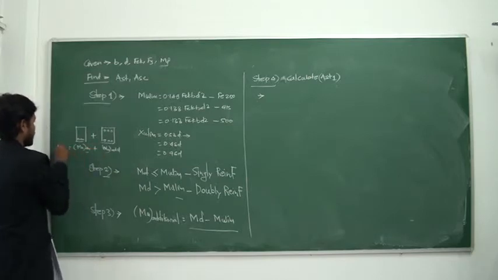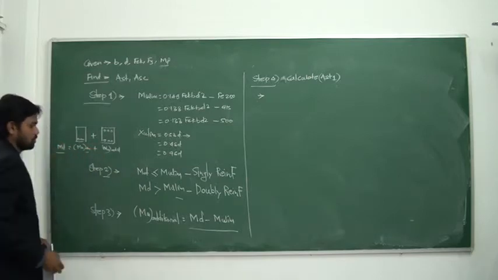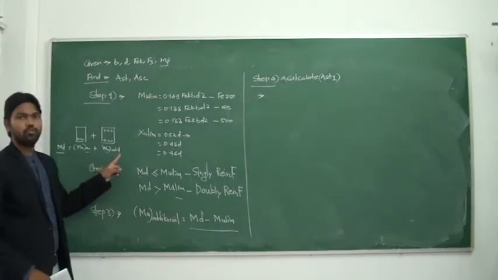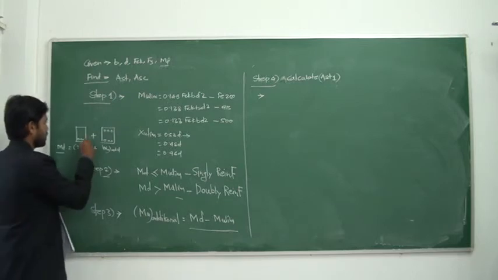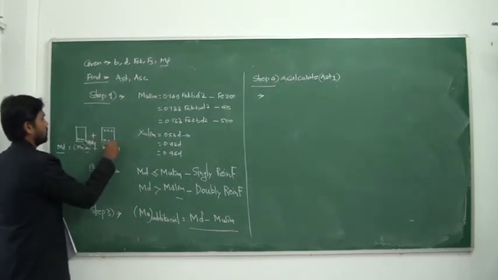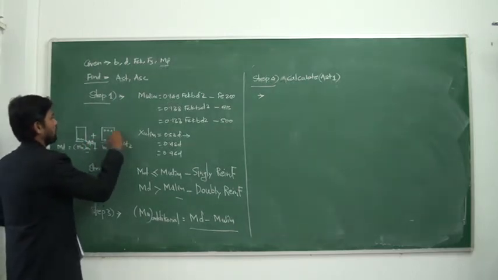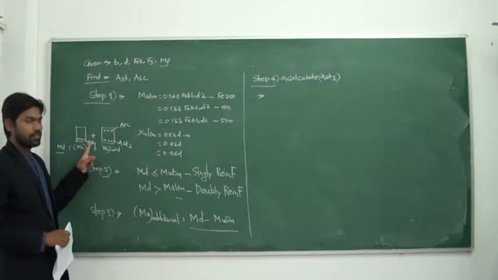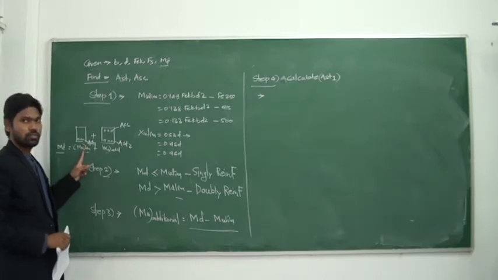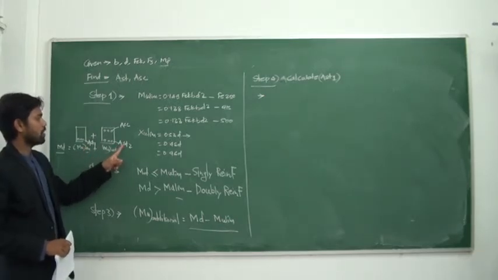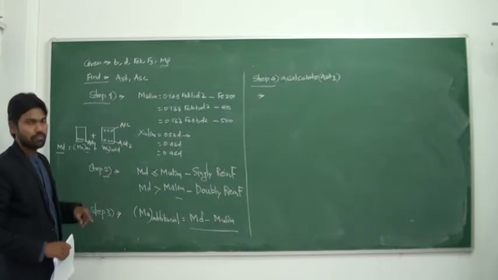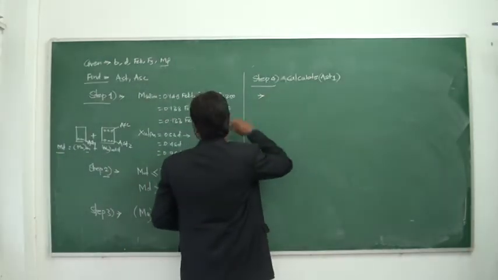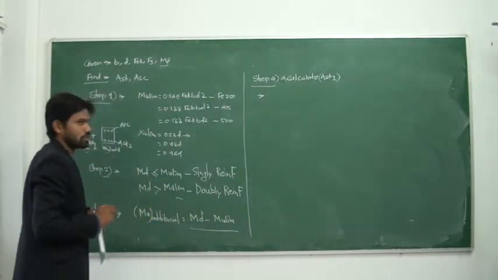And this total is your MD. So total moment of resistance MD is equal to Mu limit plus Mu additional. This is Ast1, this is Ast2 and this is Ast. Ast1 is required for the balanced section, and Ast2 is the tension steel required for the additional bending. So first I have to calculate Ast1, the steel required for the singly reinforced or balanced section.